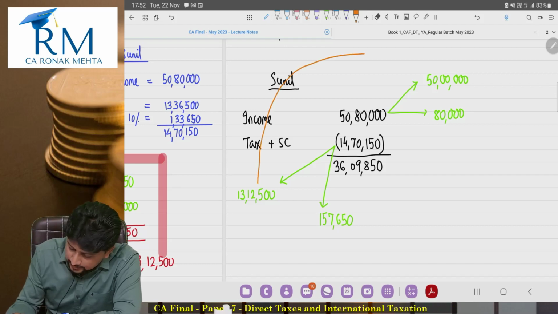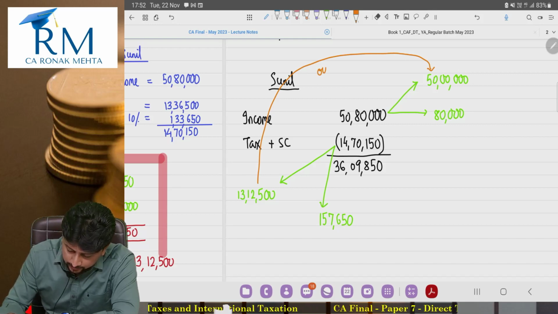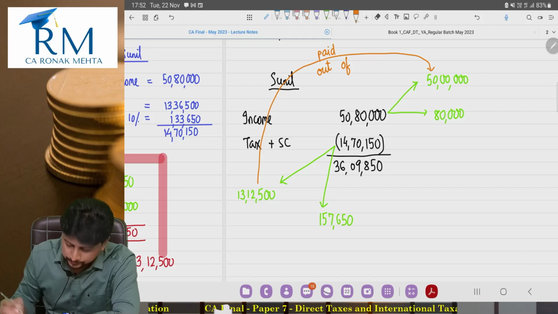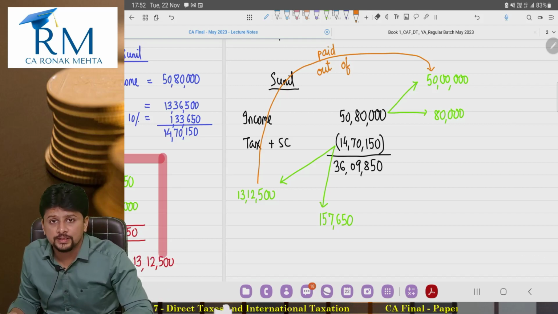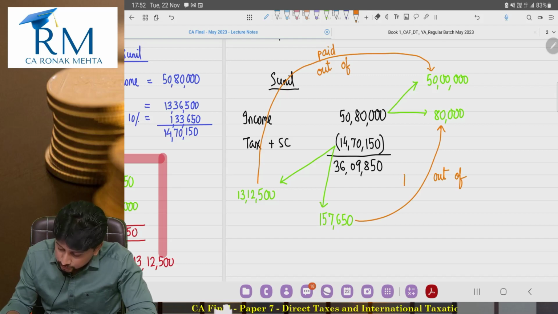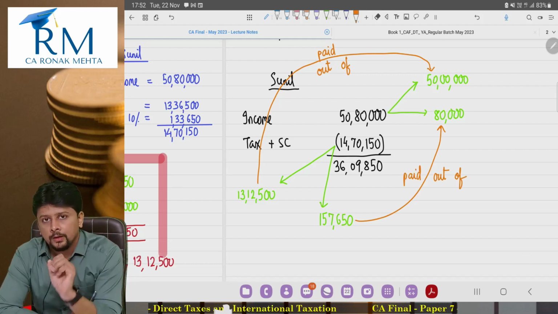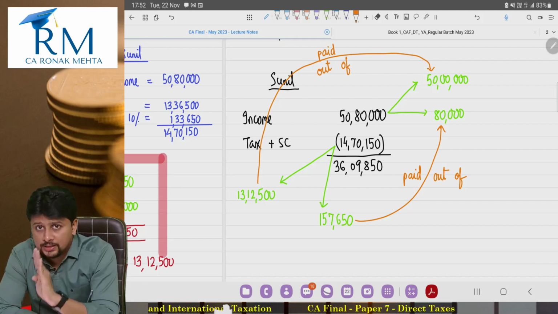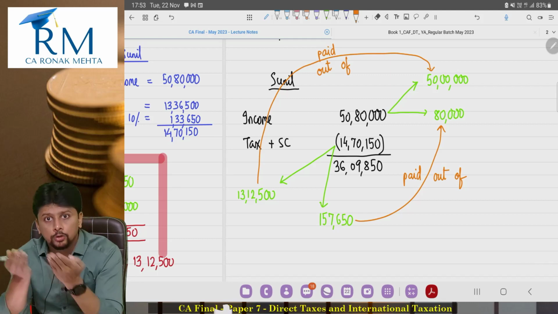13,12,500 is the income tax on 50 lakhs. So 13,12,500 is paid out of 50 lakhs. But how do I pay that 1,57,650? I pay that out of 80,000. Which means, guys, do you observe that even before getting marginal relief, you were paying that full 80,000 rupees to the government?